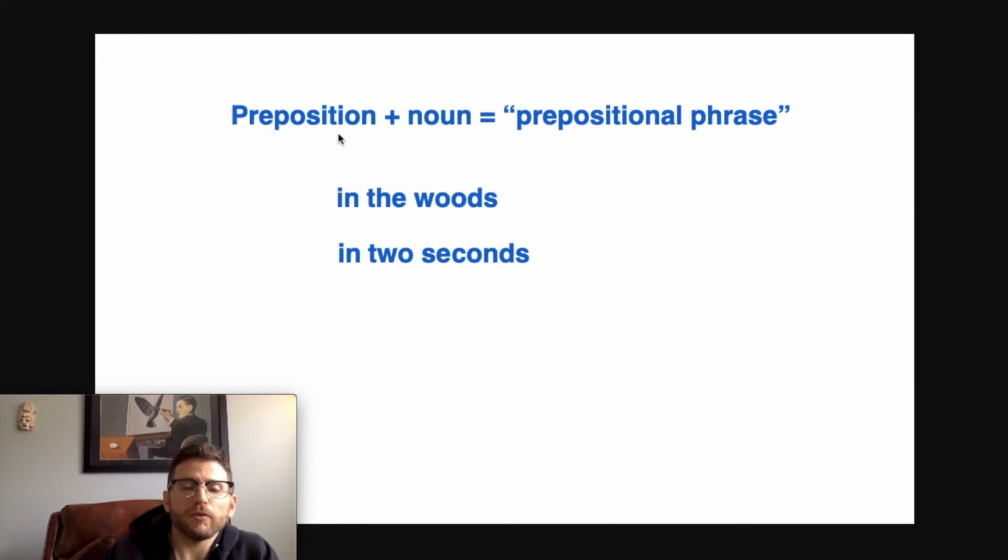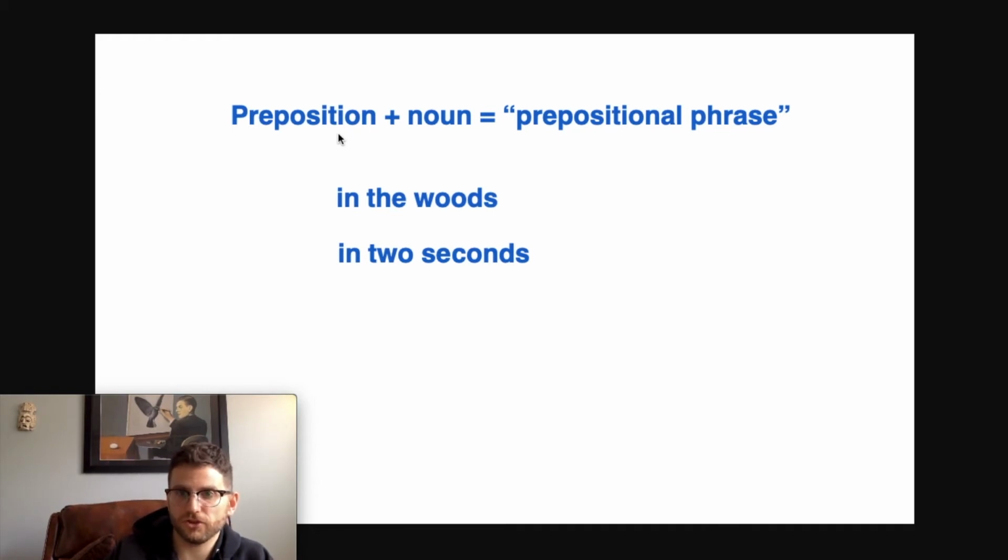Okay, that word phrase is going to be important grammatically, especially when we talk about conjunctions, because in the other video when I talk about conjunctions, I'm going to use the word clause very often.